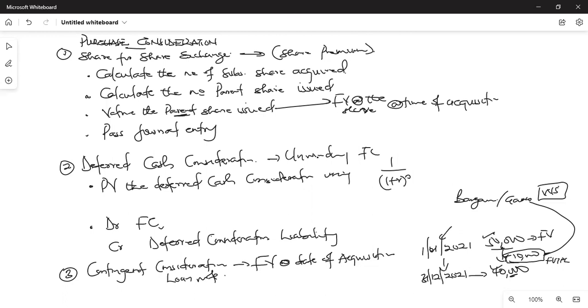So if this one was not a loan note and it was cash, then you have to apply provision. If you have a contingent liability, then depending on whether it is remote or probable to happen, you know what to do from there.